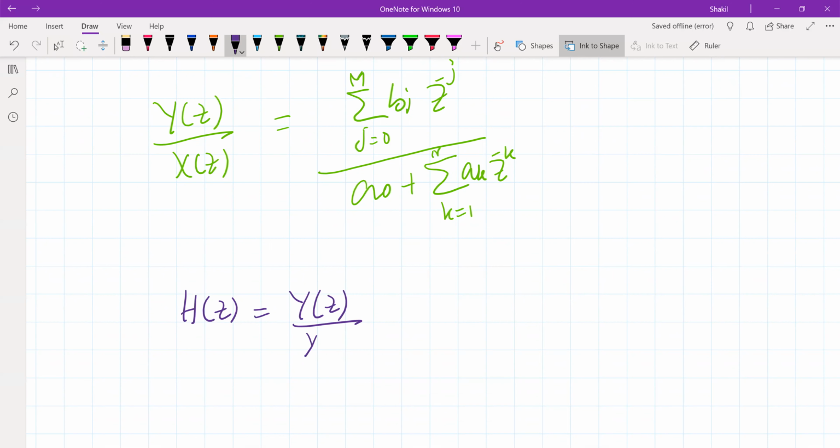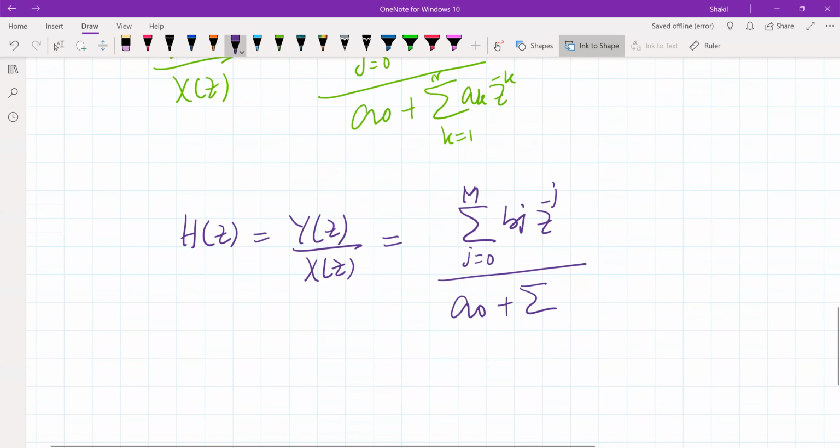So the transfer function from this difference equation, you can write it as summation j running from 0 to n, b_j z to the power minus j, over a_0 plus summation k running from 1 to n, a_k z to the power minus k.